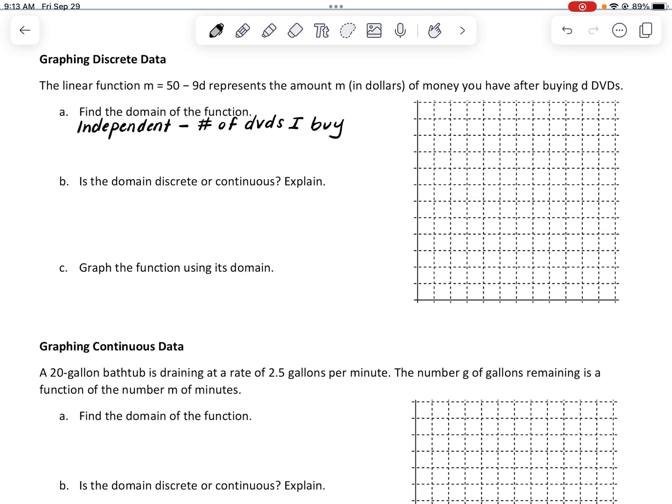So that's going to be my X value. Okay, that goes along the X axis. So I'm going to say number of DVDs. Okay, and then the Y value is going to be the money spent. So I'm going to put money spent on the y-axis.